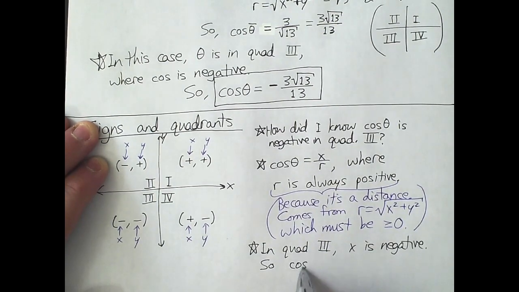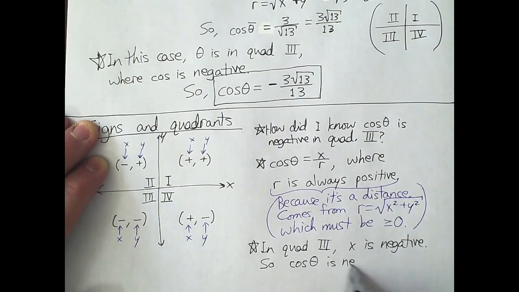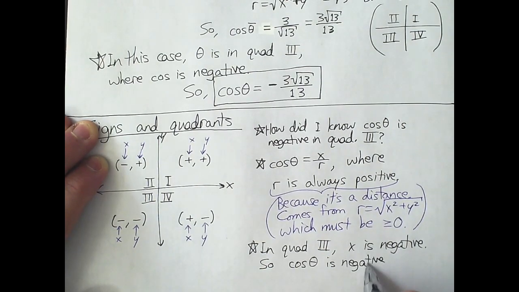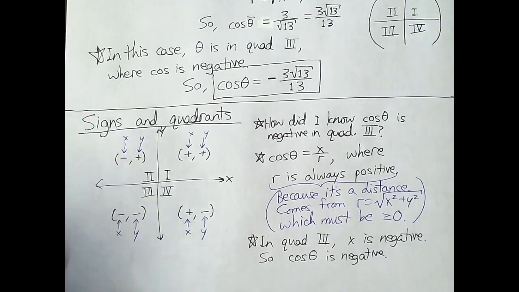So cosine of theta is negative. All of this was kind of discussion stemming from that one problem, but you can use this kind of reasoning to figure out the appropriate sign for any problem like this.